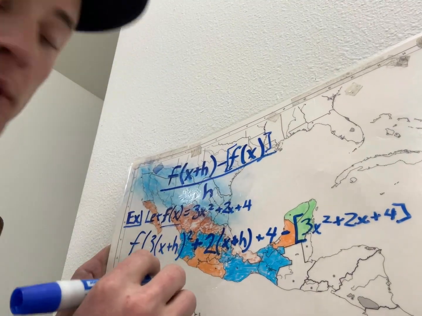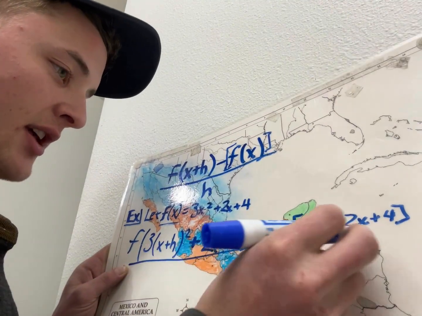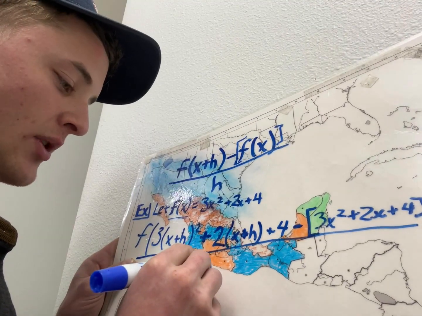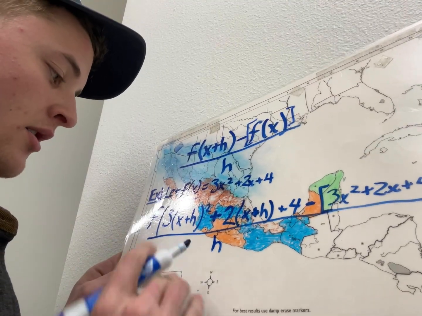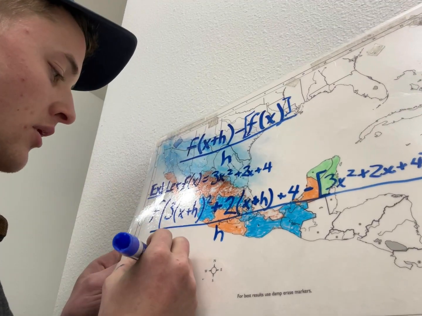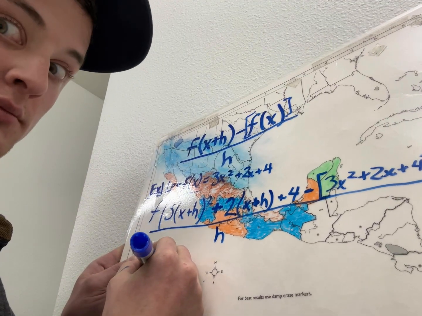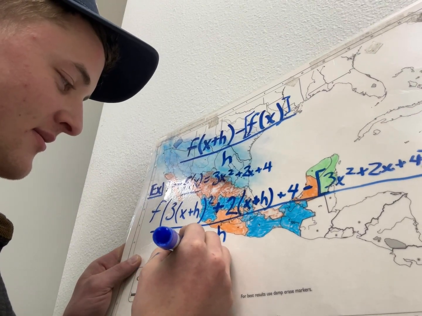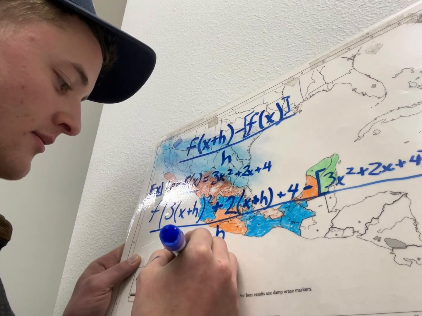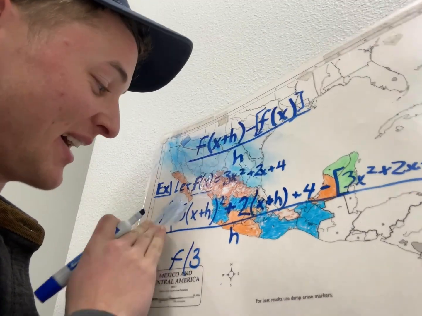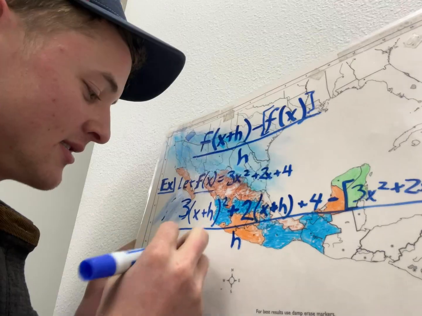Alrighty, now make sure it stays over h, right? Always keep the h there so we can keep track of it. Now this is eliminated right here. Don't mind that little f there.